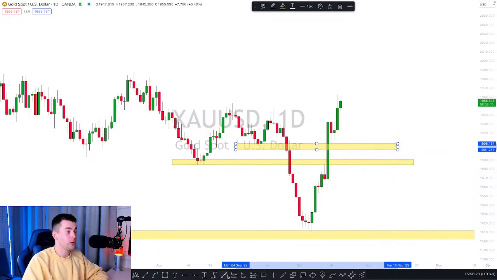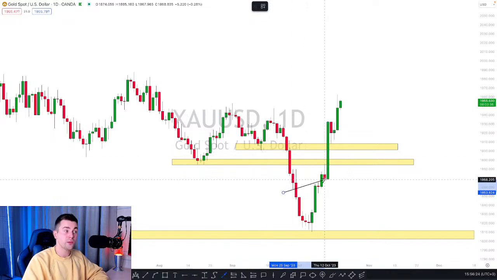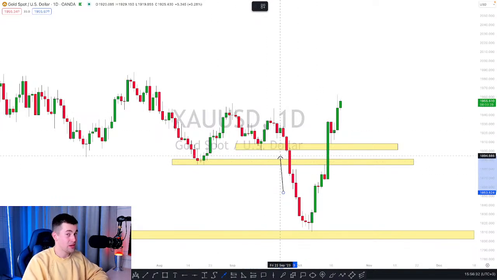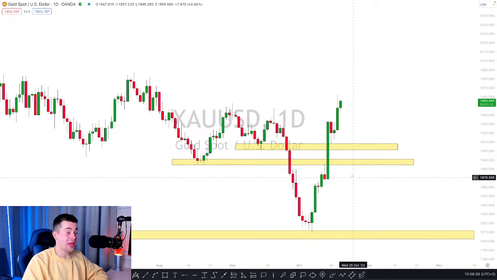You can see that here we got very significant resistances that were broken without any hesitation. With one single bullish candle, actually, the market violated them too. Yes, that is how bullish gold is now at the moment.